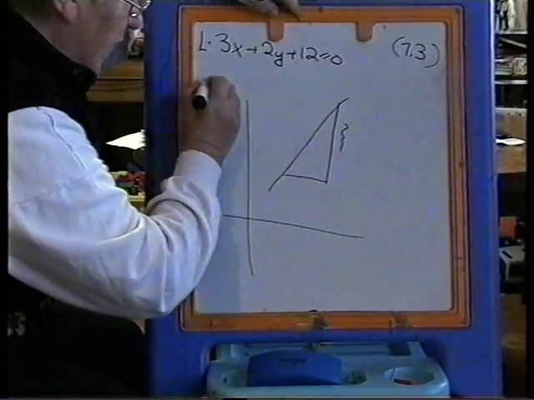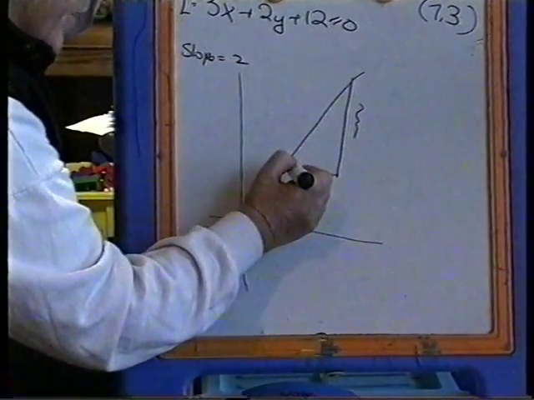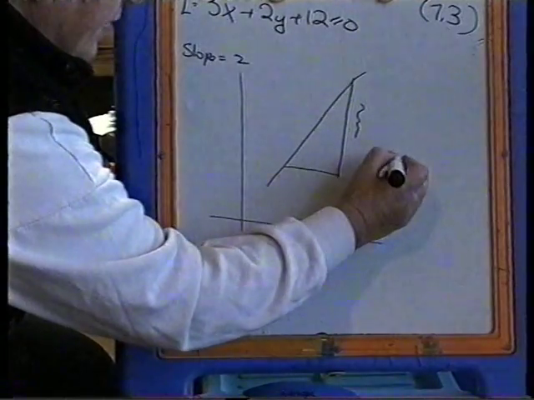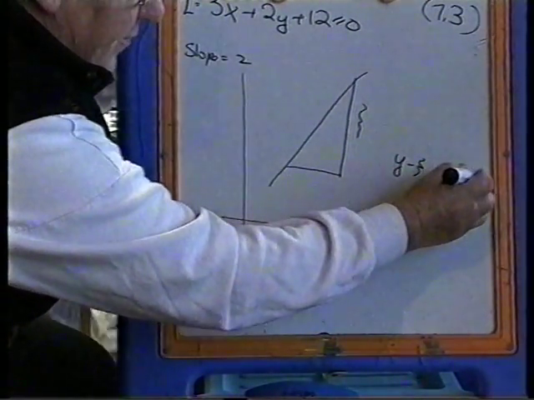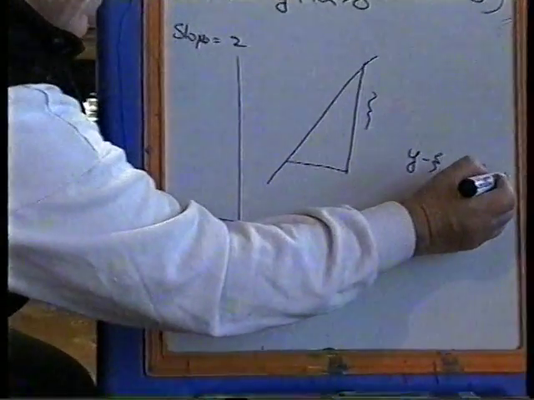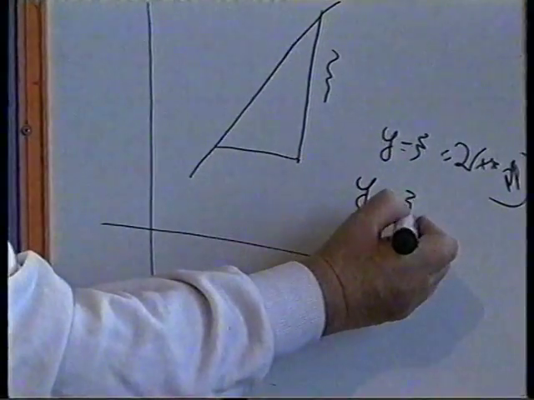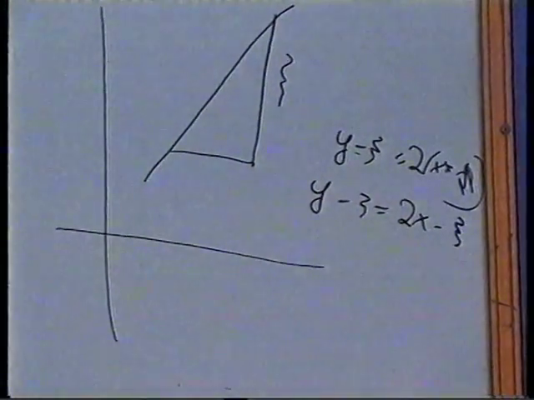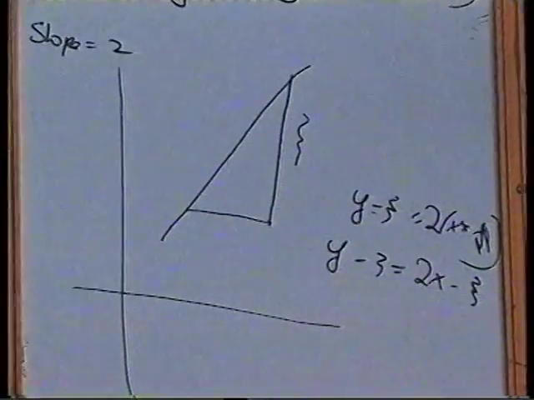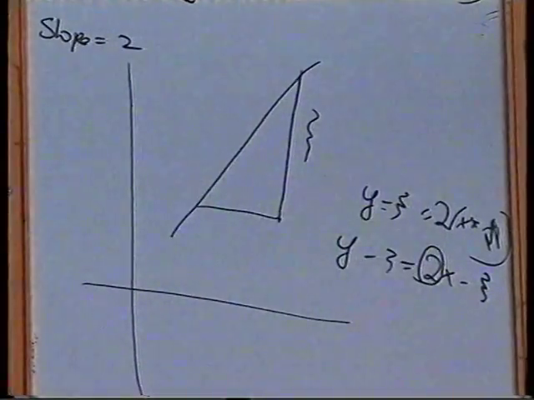If the slope was 2, that would be written y minus whatever the y thing would be equals twice x minus whatever the x thing is. So we get y minus something equals 2x minus something else. That's the way if we had a slope of 2. So you can read it. The slope would be what's in front of the x, if the y is on the other side.